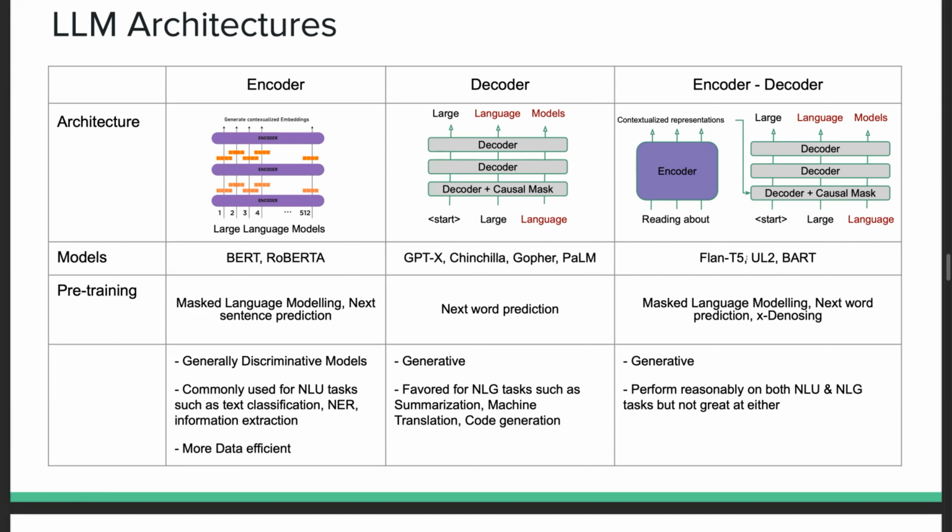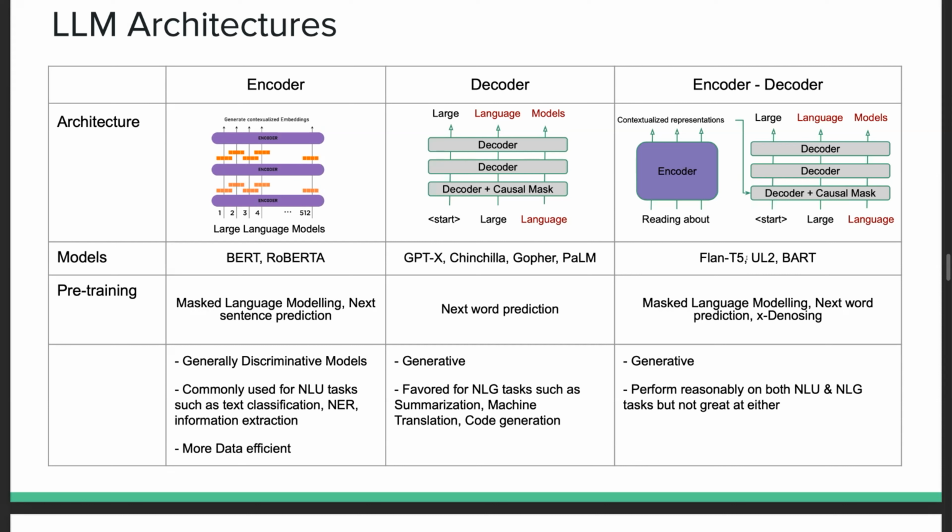So one would think that encoder decoders are probably the best of both worlds because they combine the encoder and decoder. Turns out that most of the top performing models, at least the ones that I have seen, are decoder only. And I think at scale, at very large magnitudes where you have a lot of parameters, it probably doesn't matter if you use an encoder decoder model, because both are generative models, so they generate text.